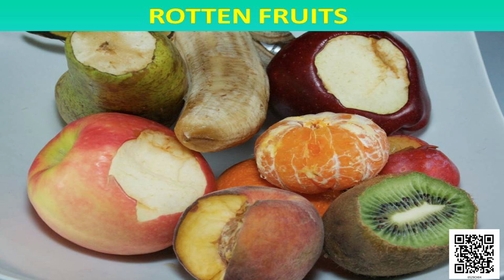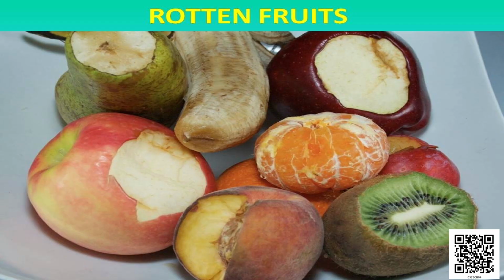That means they were not preserved, just purchased from the market and kept somewhere. So, that is why this is the condition. So, just remember, if you want to have it for at least 4 to 5 days and want it to be fresh and juicy and in good condition, then definitely you have to preserve it inside the refrigerator. Then let me come to another way.